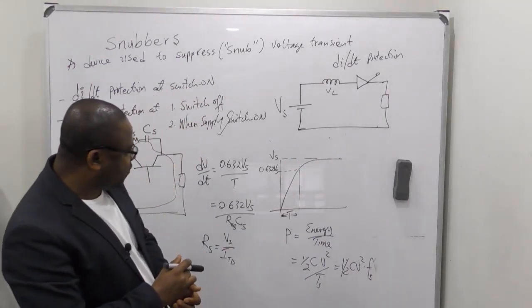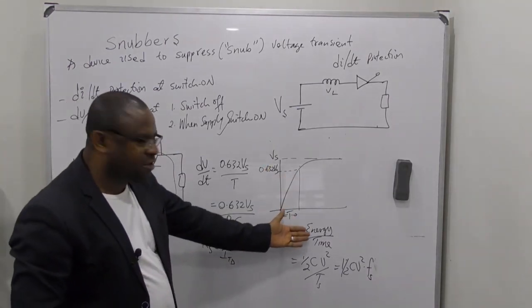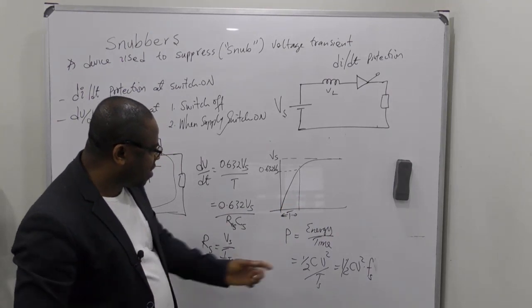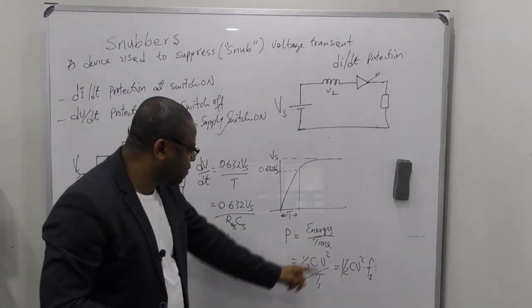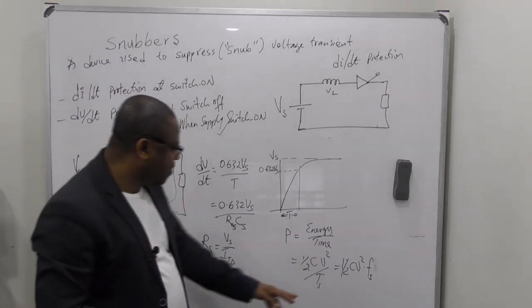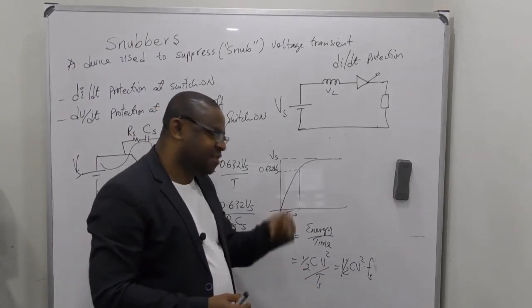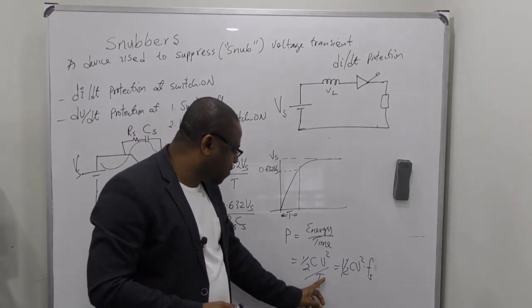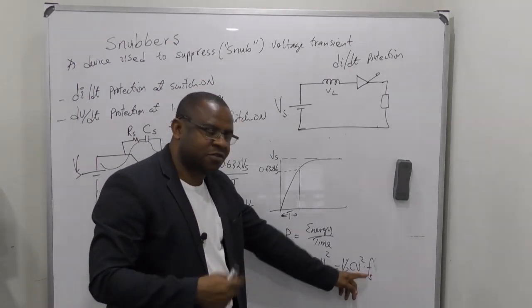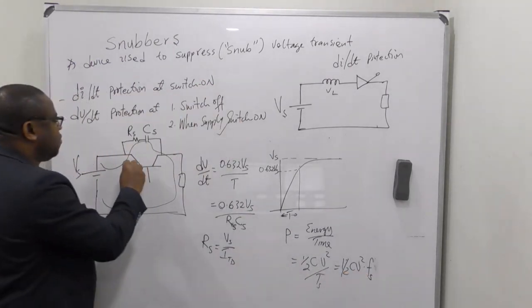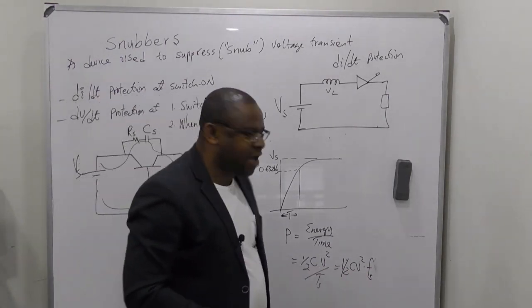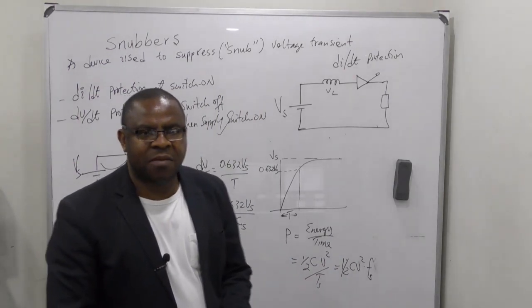If you want to calculate the power, you divide energy by time, where energy is half CV squared. We know that 1 over T is frequency, the switching frequency, the frequency at which this turns on and off. So power is half CV squared multiplied by the frequency.